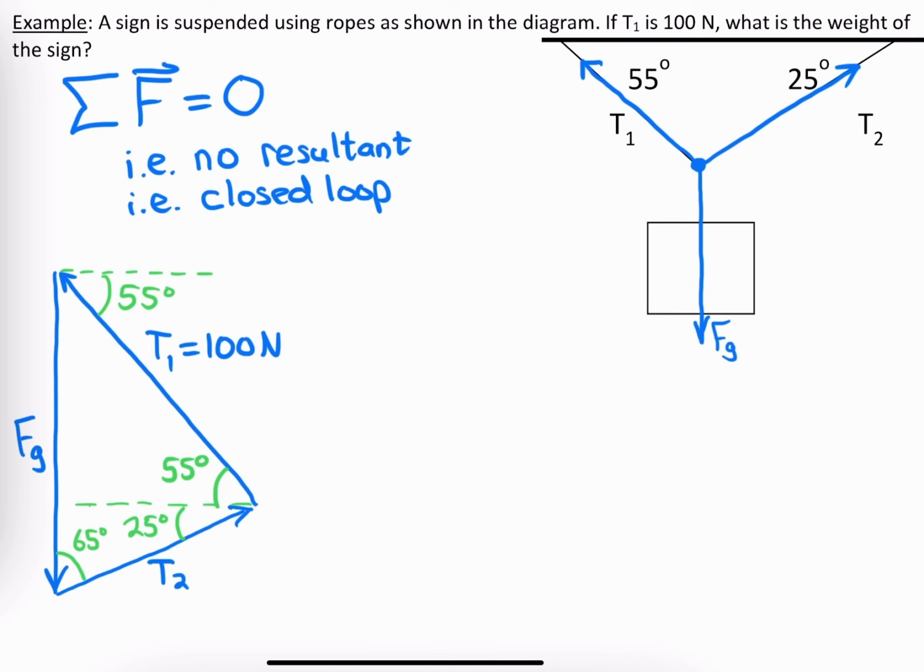So now I know this whole angle in the triangle is going to be 55 plus 25. And I know this angle in the triangle is 65. So because I know two angles and one side, I'm pretty confident I should be able to solve this thing.